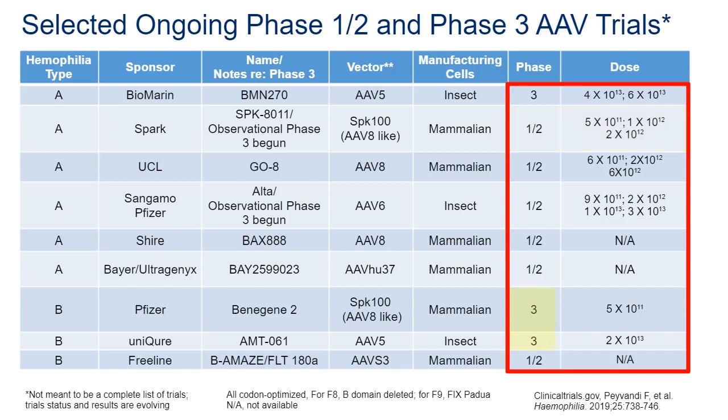In hemophilia B, there are 2 trials in phase 3. The Pfizer has phase 3 of what was the phase 1/2 SPARK trial. Then there's a Unicure trial also in phase 3, and earlier is the Freeline trial.